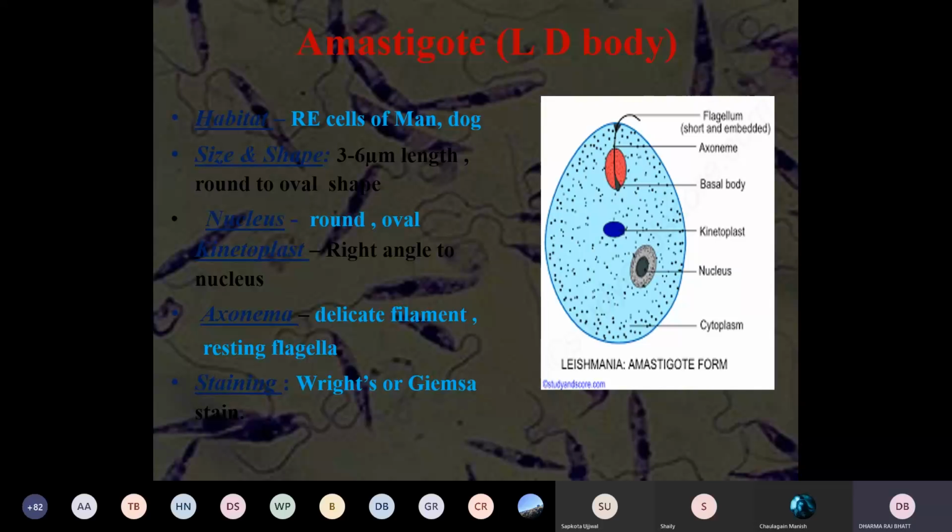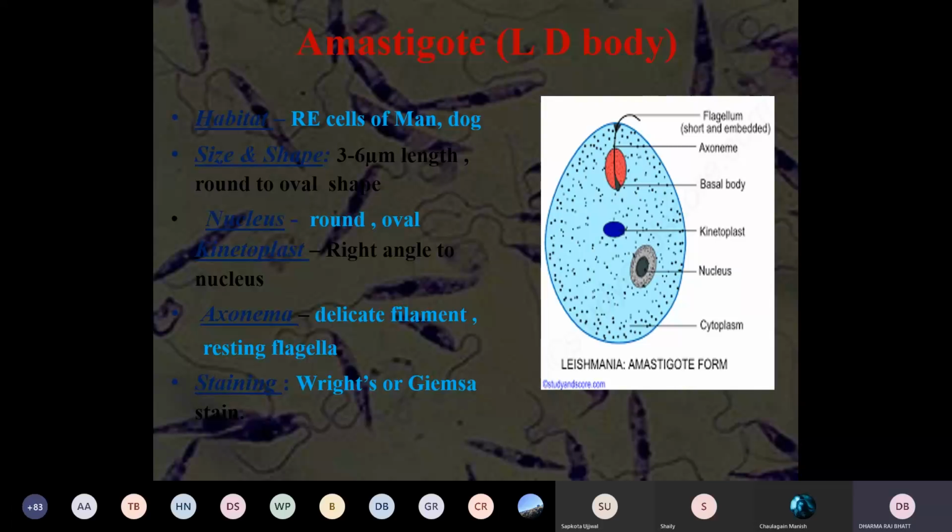It has a kinetoplast, at right angle to the nucleus, as you can see in the picture, and a filament-like structure called axoneme, from where the flagellum starts coming out.